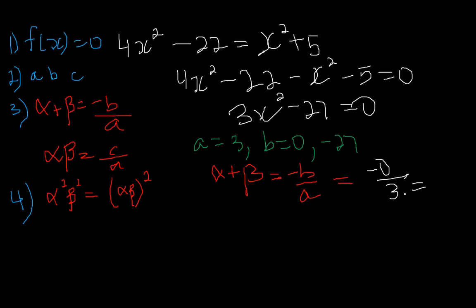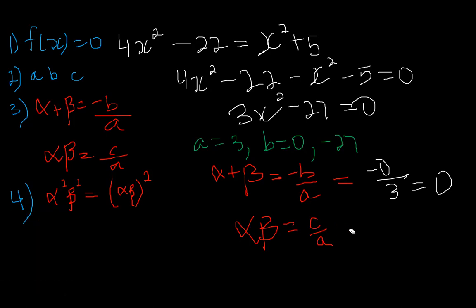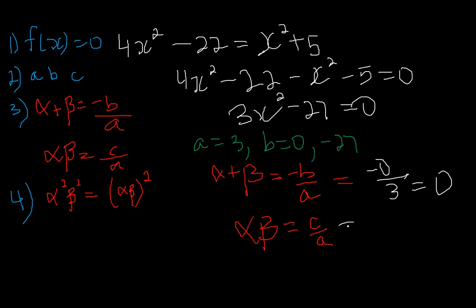What's 0 divided by 3? 0. Alpha beta is equal to C divided by A. So minus 27 divided by 3, which is minus 9.